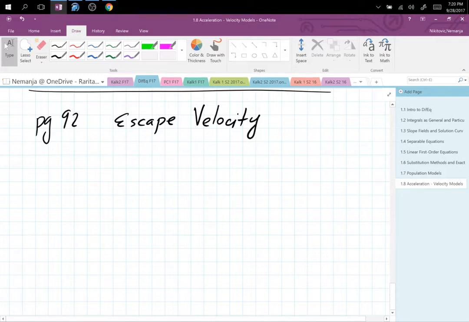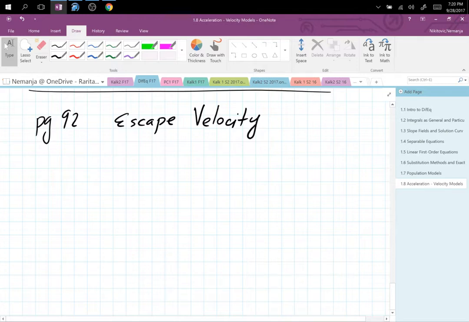Whatever you shoot up with a greater speed than 7 miles per second is not going to come down, because the escape velocity of planet Earth is 7 miles per second. If you can accelerate anything to that speed, it will escape Earth's gravitational pull, and that is called escape velocity.